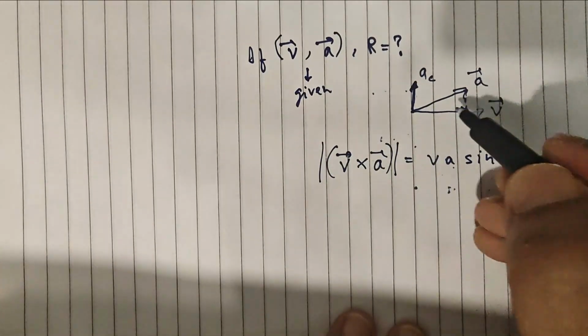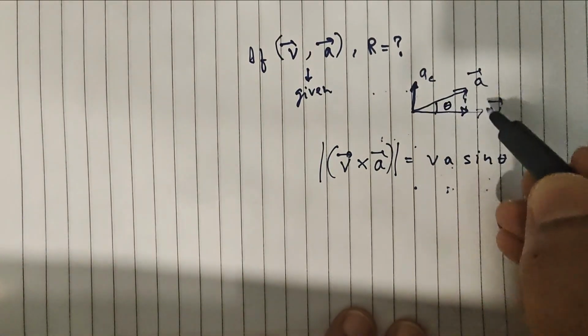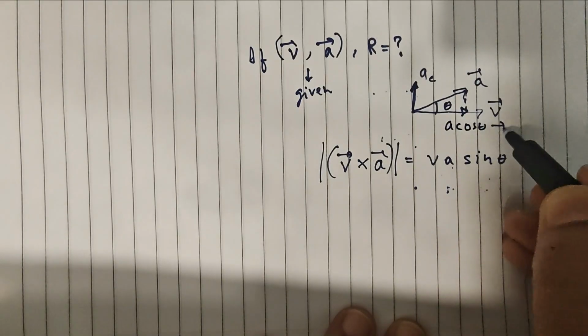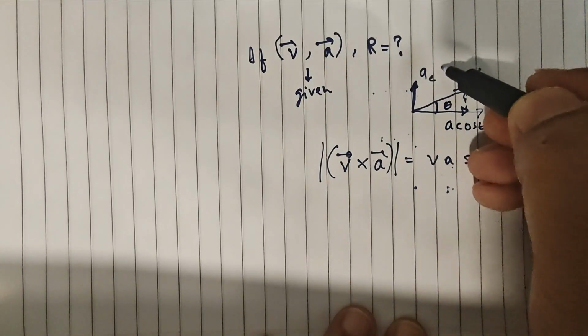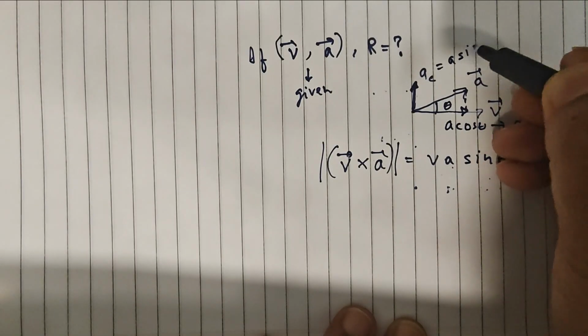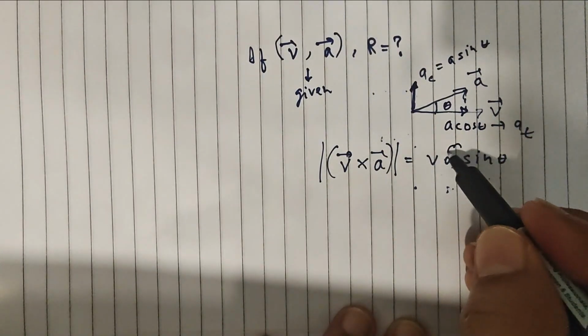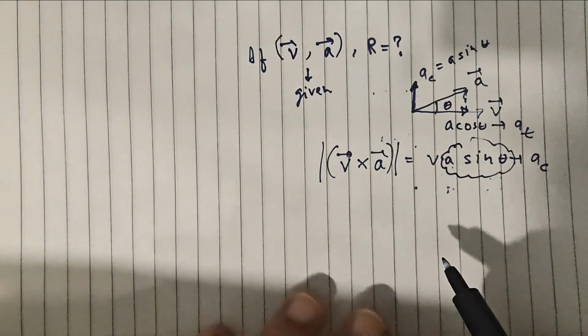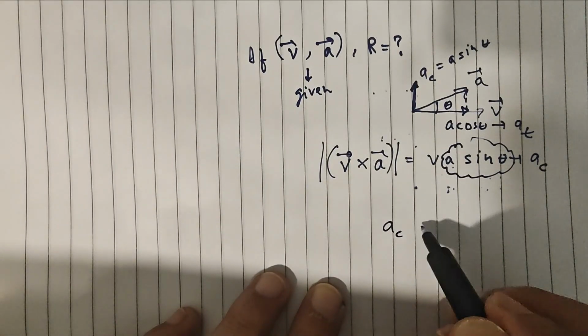Now look carefully. If this is theta, then this component of acceleration is A cos theta. This is your tangential acceleration. And this component of acceleration is A sine theta, which is your AC. So you can see this is nothing but AC in magnitude. So what will be AC?